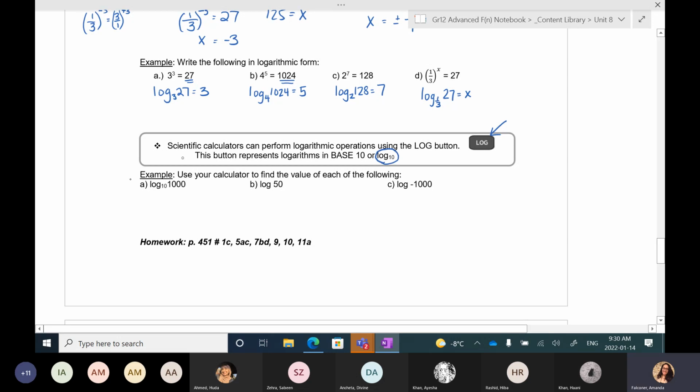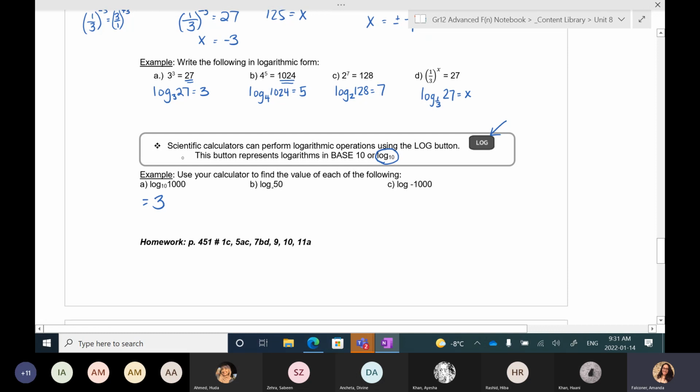So if we are asked to find a logarithm like these questions here, we can just use our calculators and type in, for my calculator, I have to type in 1000. And I want to make sure that my calculator is back in degrees here, and then I'm going to click log. So when I do that, I get the answer of 3.